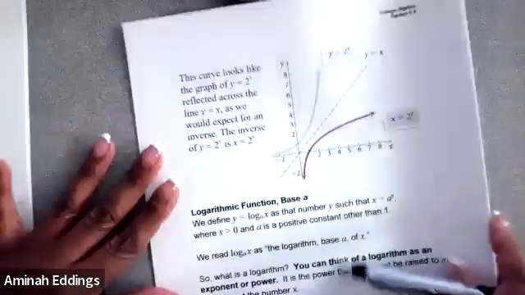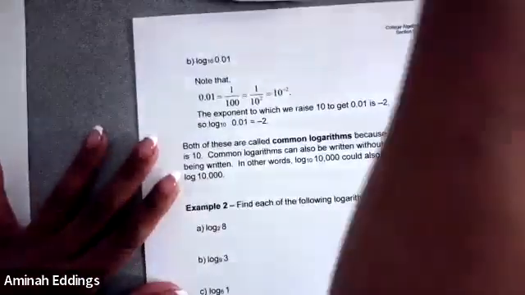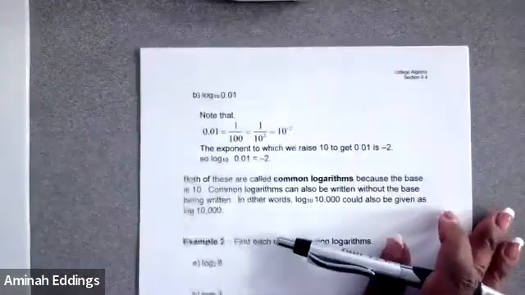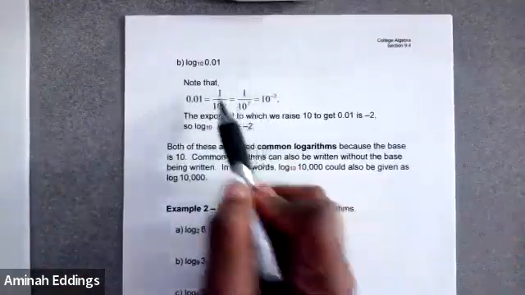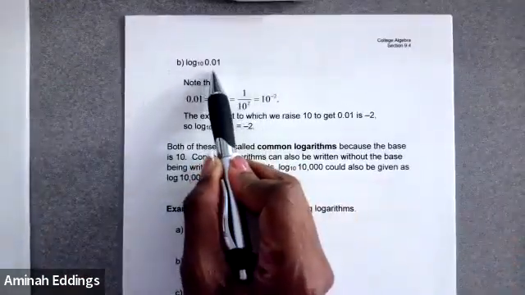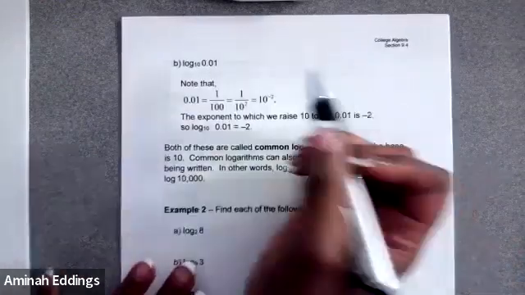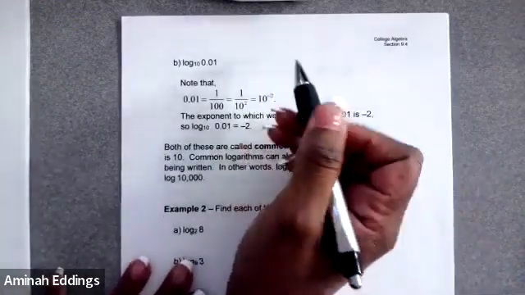All right, let's look at another one. So if we have log base 10 of 0.01, if we want to put this into exponential form, we would do the exact same thing.